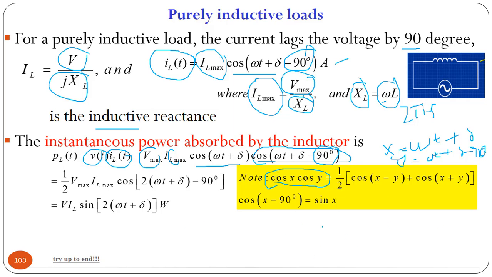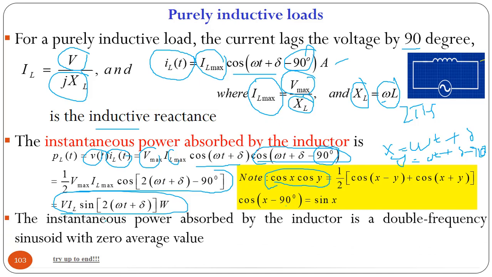Then by substituting, you have 1 over 2 times V max I max cosine of 2 omega t minus 90, and finally we got only the double angle. So the instantaneous power absorbed by the inductor is at double frequency with zero average value.